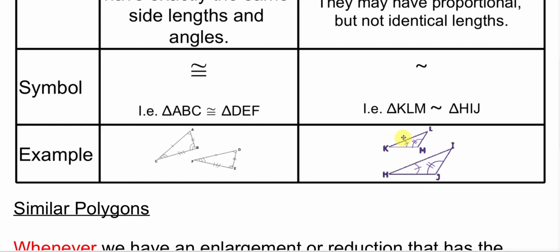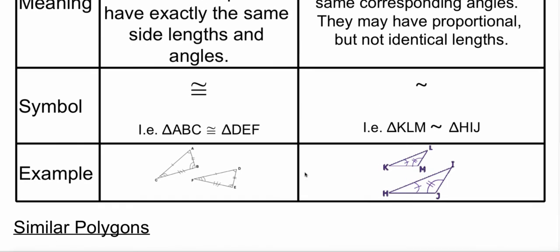They must have the same proportion. So if HI is twice as long as KL, then HJ should be twice as long as KM in order for them to be proportional. Same with JI should be twice as long as ML. Now let's say HI was 3 times as long as KL. That would mean HJ would have to be 3 times as long as KM, and so on.